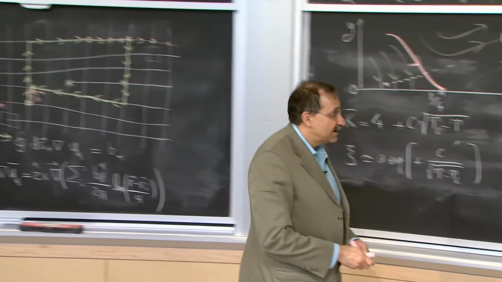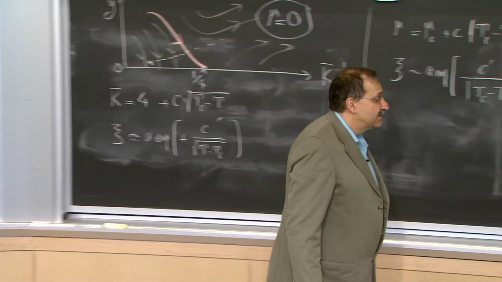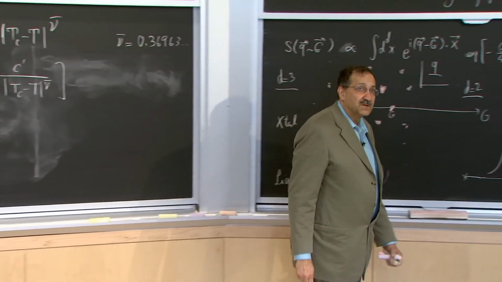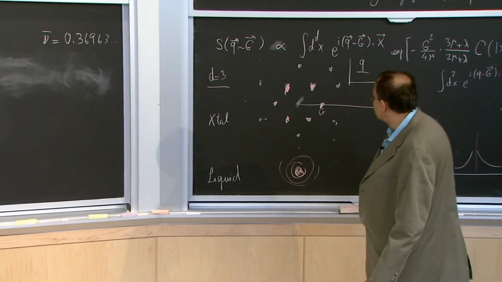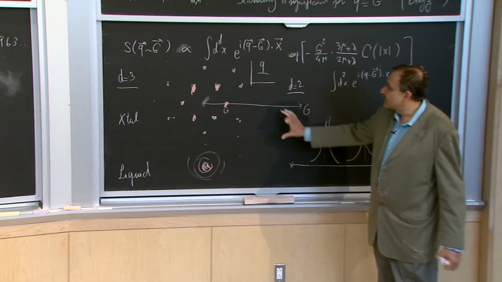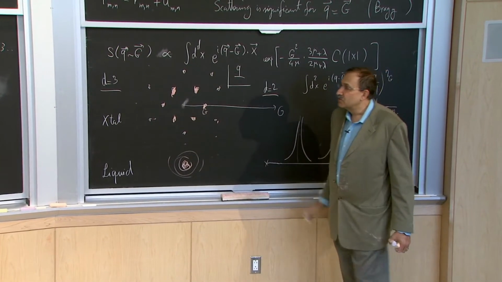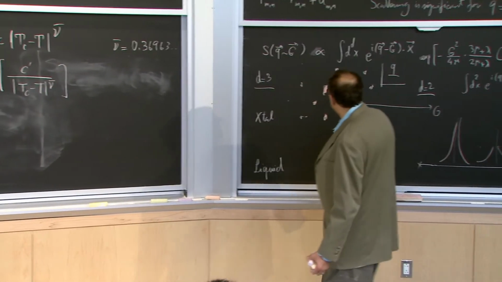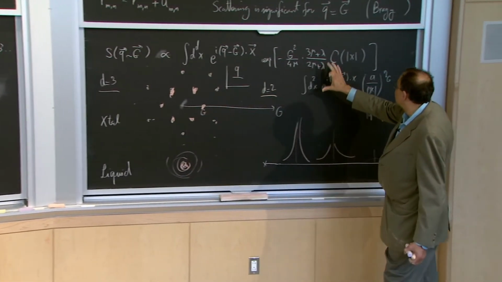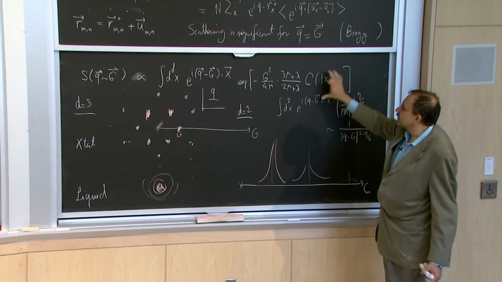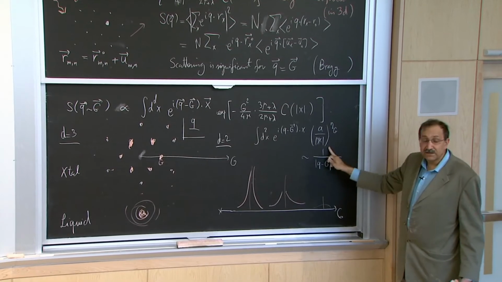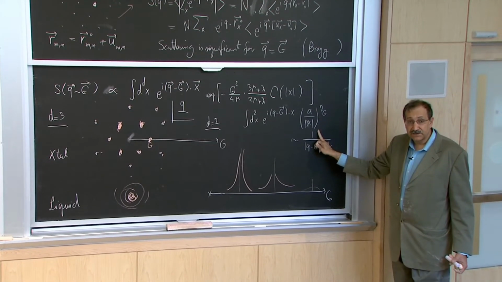Okay? And the insight that we will follow up, and maybe it's probably a good idea to do it next time, is that actually once the dislocations unbind, you will lose this kind of ordering. If I do this in 2 dimensions, these are power law decays at low temperatures.